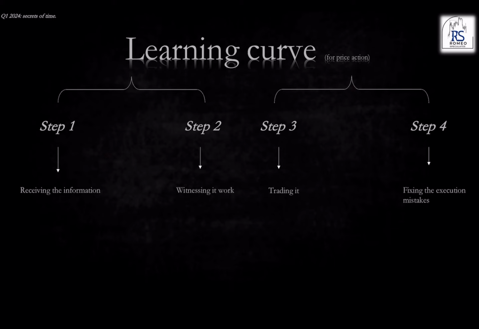So put more emphasis on correcting mistakes rather than trying to discover the Holy Grail, right? If you correct your mistakes, and people have this innate narcissism inside of them, even if they have not earned it, which is, the market is wrong. No, it's not wrong. You're wrong. So fix the mistakes you make when executing.